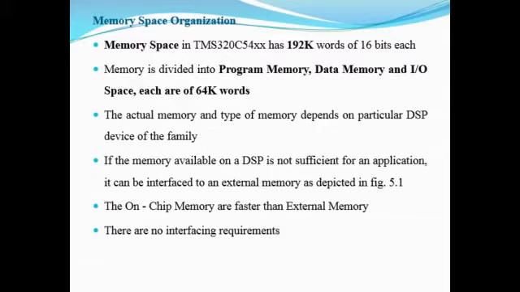In some cases the memory may not be sufficient for some application, so it can be interfaced to an external memory. But the speed of this external memory may not be as fast as the on-chip memory, so we have to look into that, and there are no interfacing requirements.